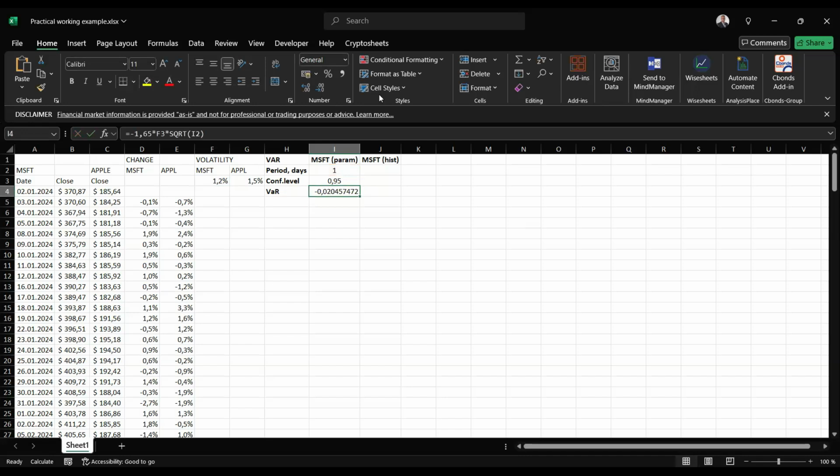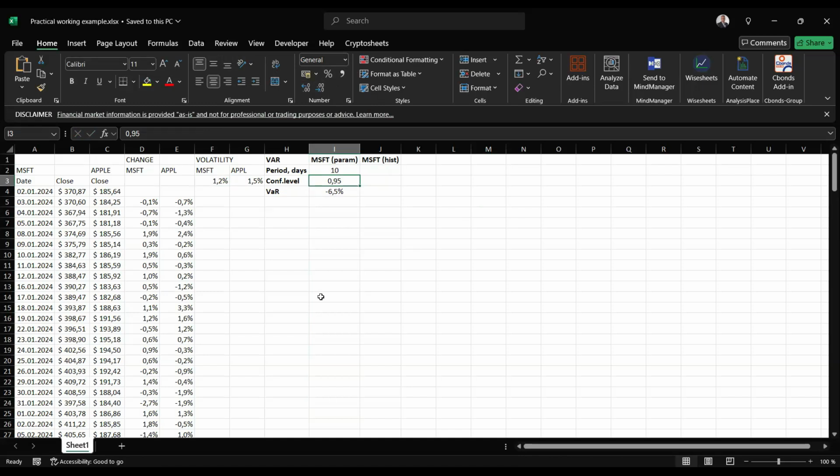So, for example, in percentile, we can have about 2% evaluation of value at risk with a confidence level of 95. For example, if we increase the period of time to 10 days, we will have 6.5.